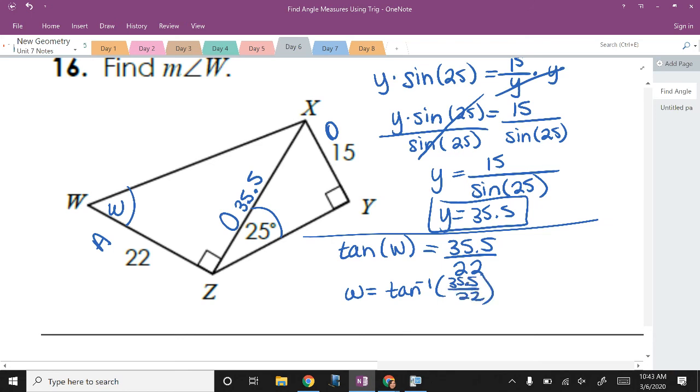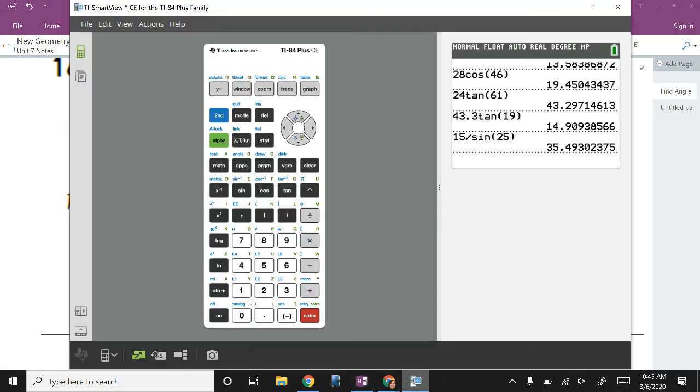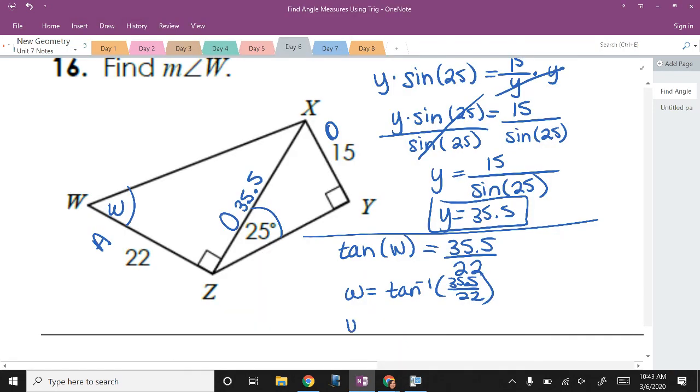That's 35.5. So in our calculator, we're going to hit second tangent, 35.5 divided by 22, close parentheses, enter. So W is approximately 58.2 degrees. Very good. Since W is an angle, it needs to have degrees.